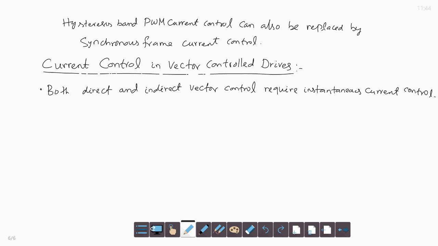Instantaneous current control of the inverter.